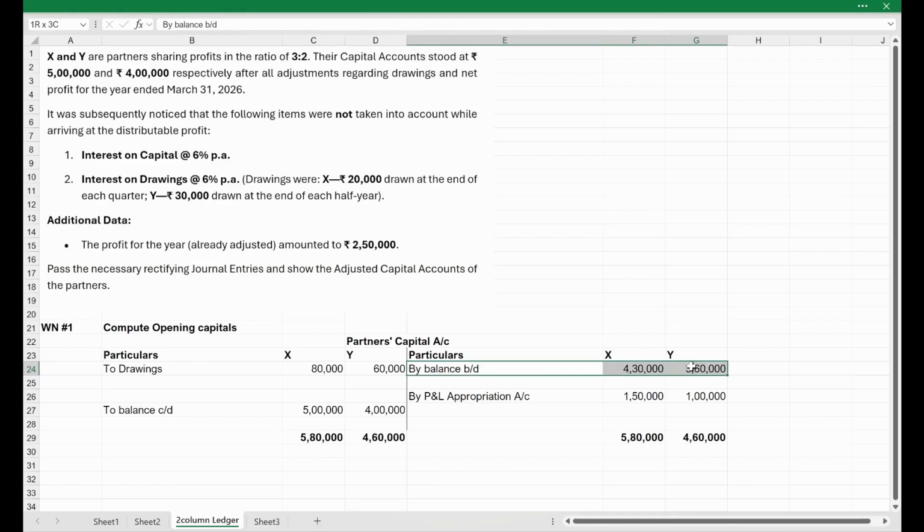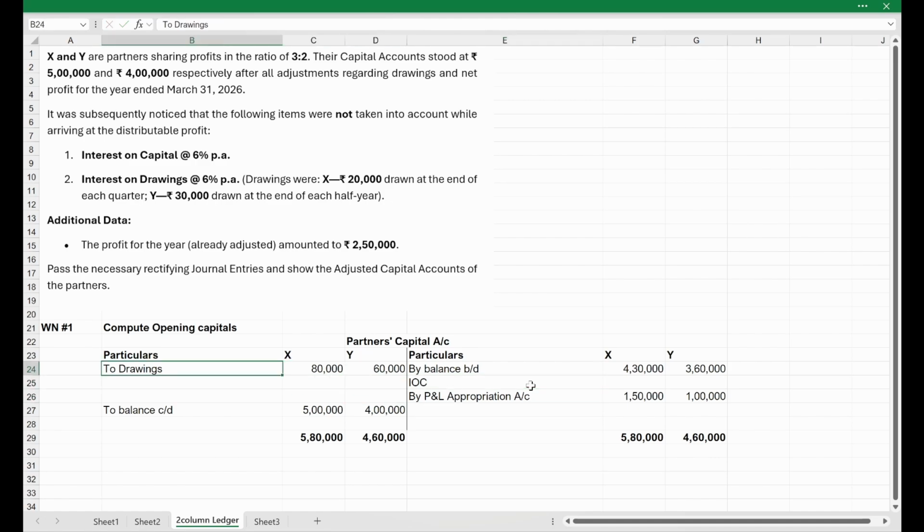The opening capital was 430, 360. They added the net profit itself as divisible profit. They missed out interest on capital and they also missed out interest on drawings. So these got missed out and the final balances somehow came up. So that's what we are rectifying.